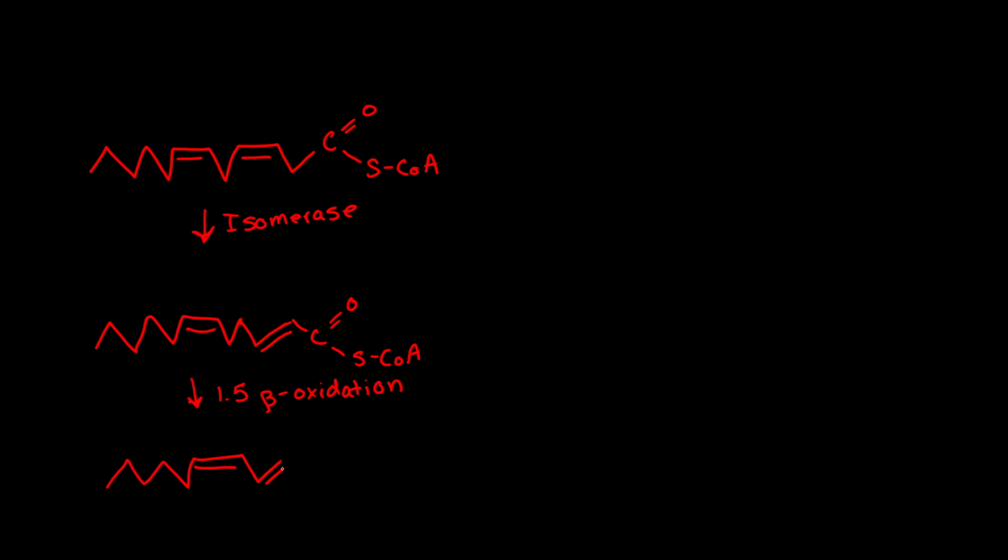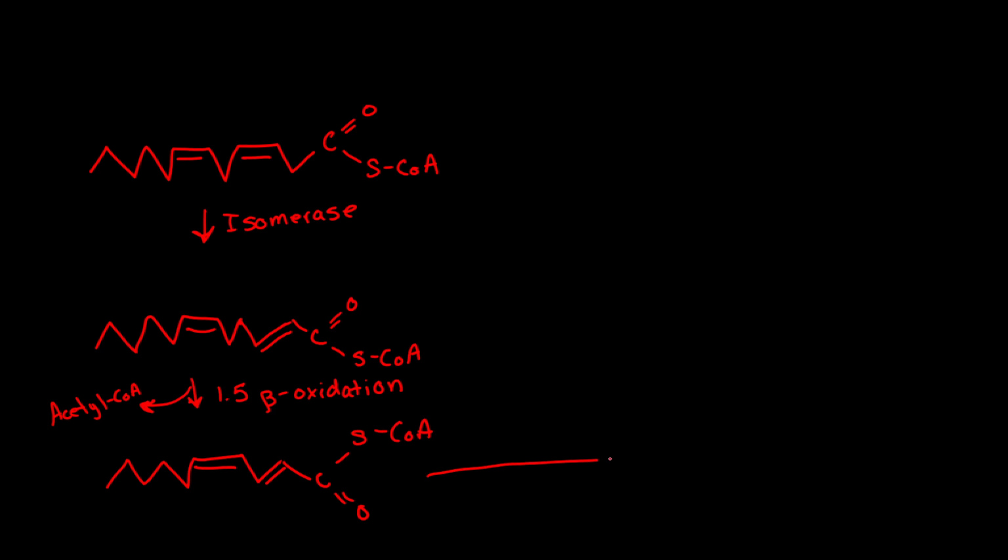So double bond, carbon. Notice that there's fewer carbons in between here. Now we've lost some carbons via the beta oxidation, so really, I should put acetyl-CoA getting released here.